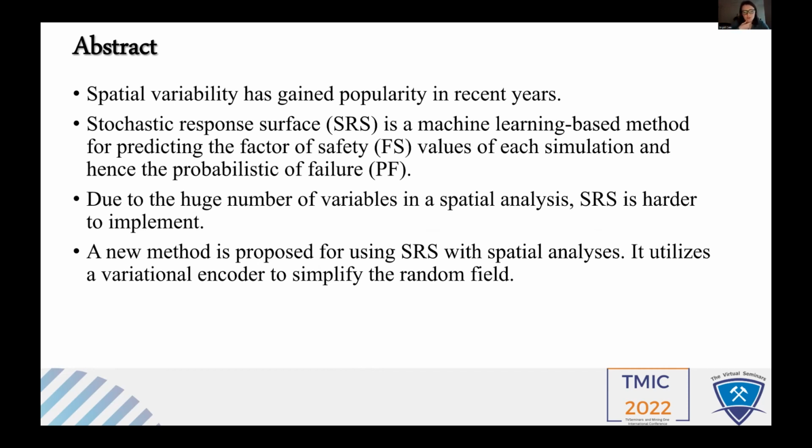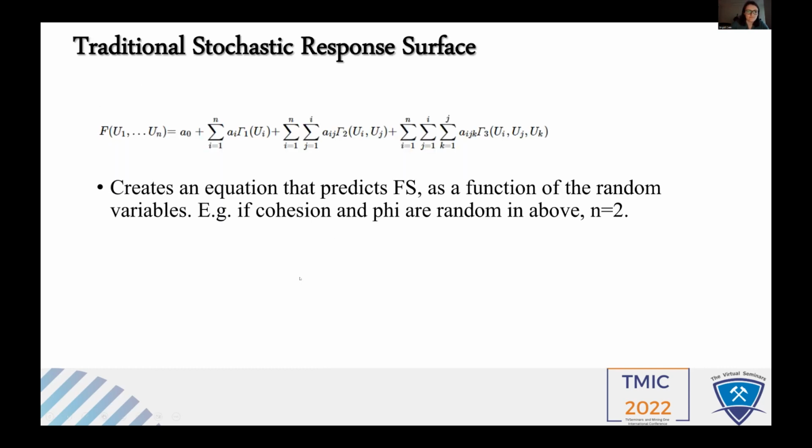So in this paper, we proposed a new method that works with spatial variability that uses variational autoencoders, which are used to compress things like images. Okay, so as we talked about before, traditional stochastic response surface basically does this.